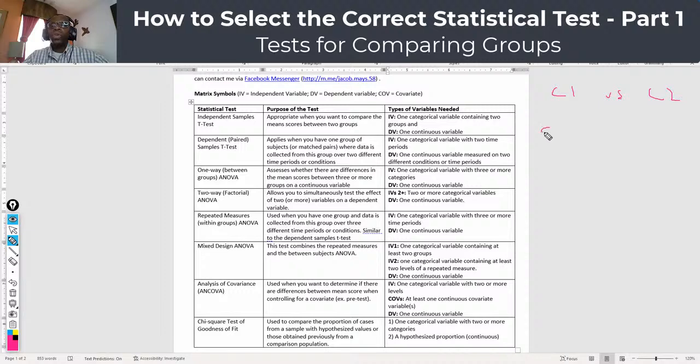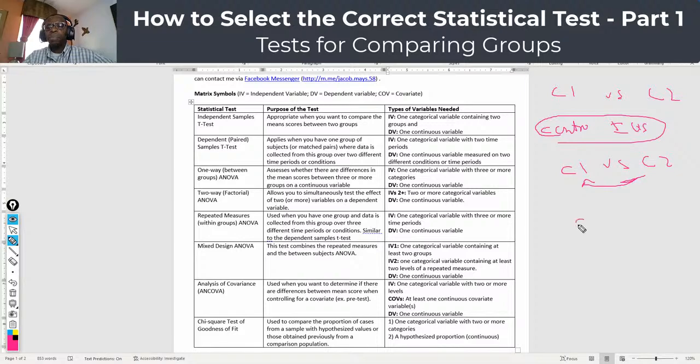So what we would do is we would have a control of IQ scores, right? So if we controlled for any pre-existing abilities, then we could compare class 1 versus class 2 when they're more equalized, right? So this equalizes the groups to remove any bias based on previous ability.